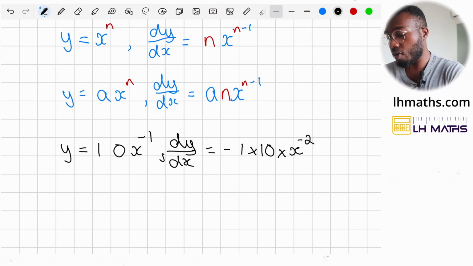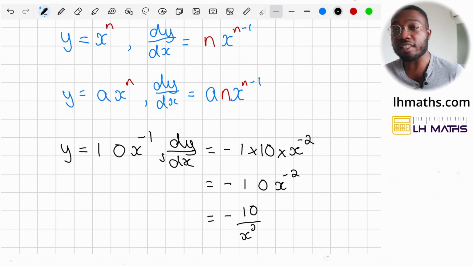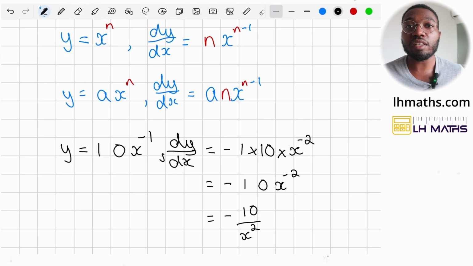Putting that together, we get minus 10x to the negative 2. Depending on the question, you can leave it as minus 10x to the power of negative 2, or rewrite it as a fraction. Either way is fine.